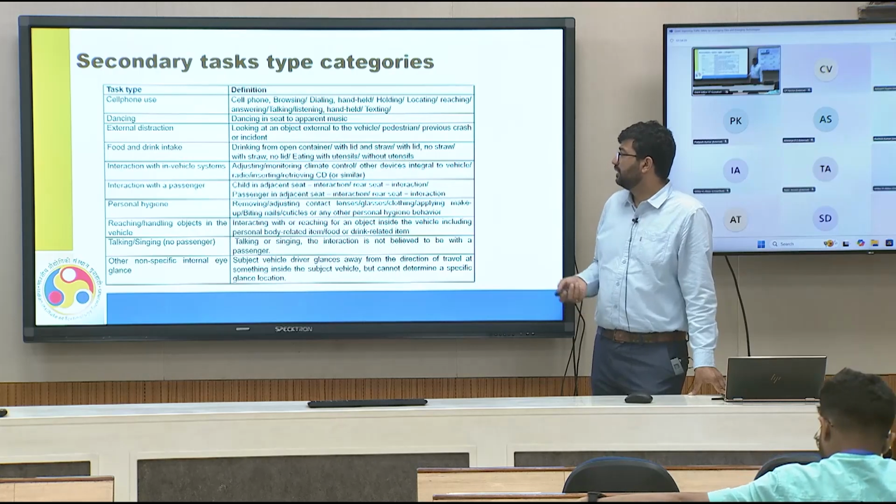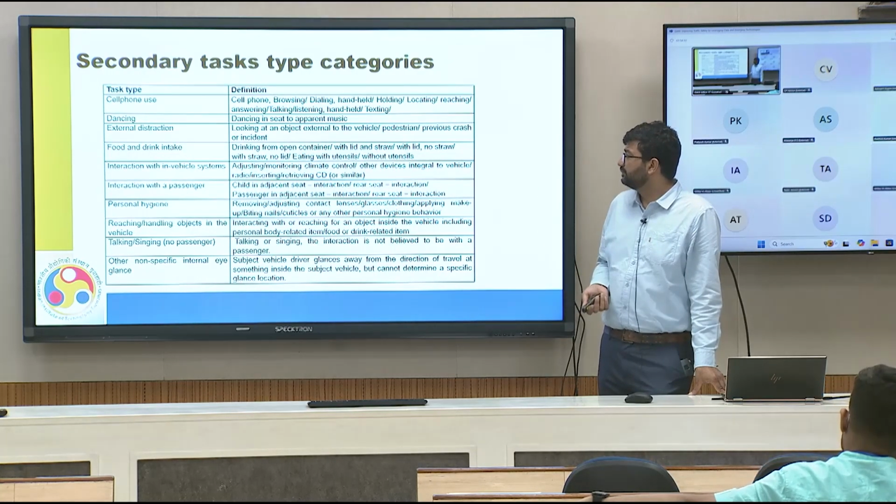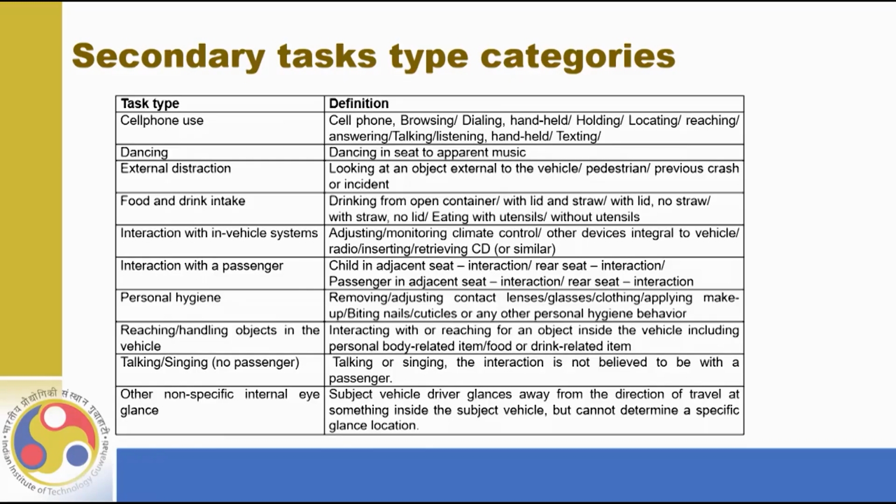Those we consider as a different type of task. Interaction with the in-vehicle system: adjusting the stereo, adjusting the climate control, all those aspects. Then personal hygiene: someone might be fixing their hair, applying makeup, all those things are considered here.